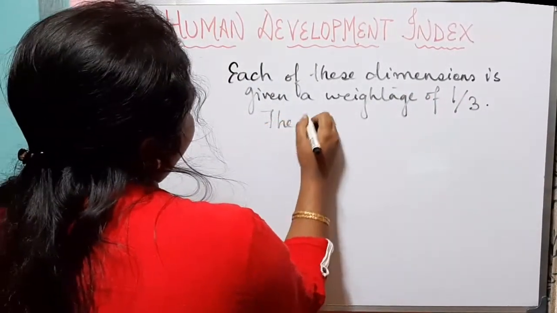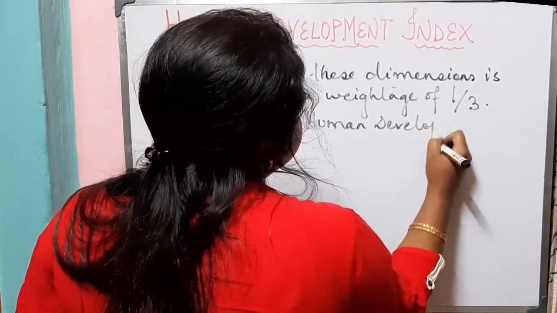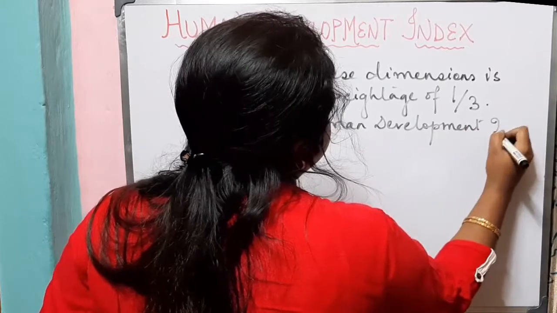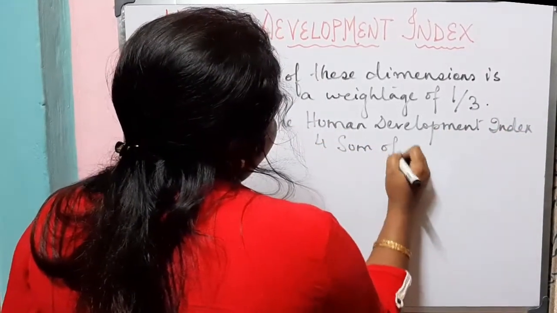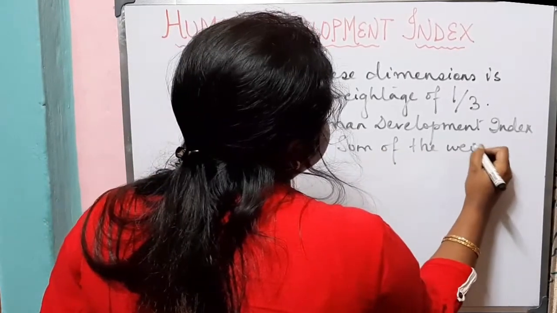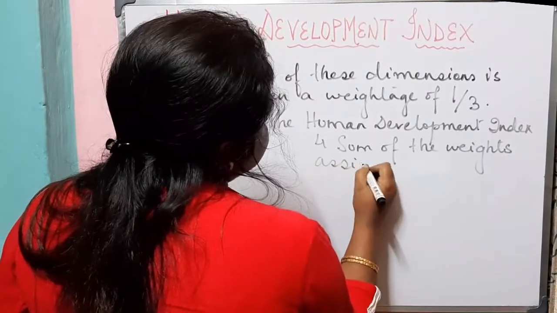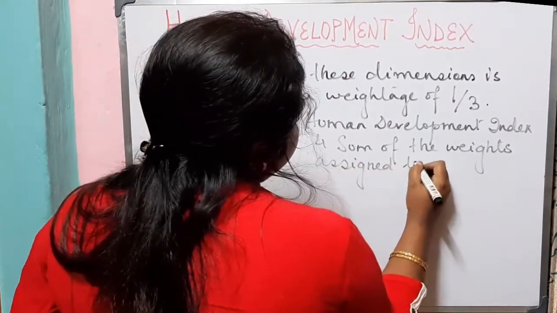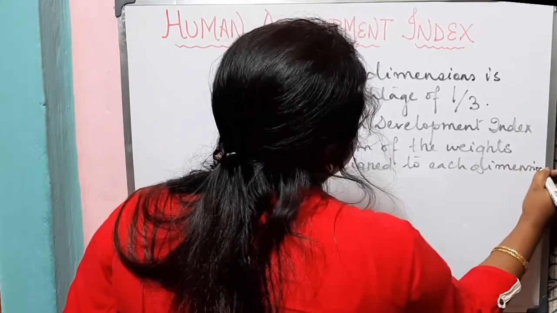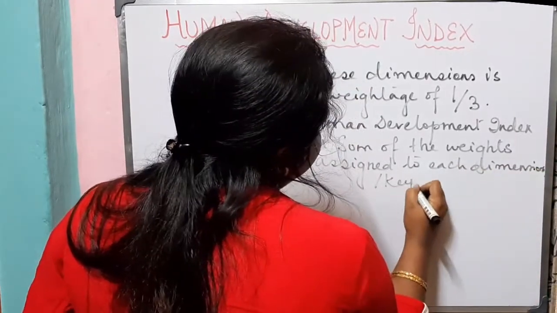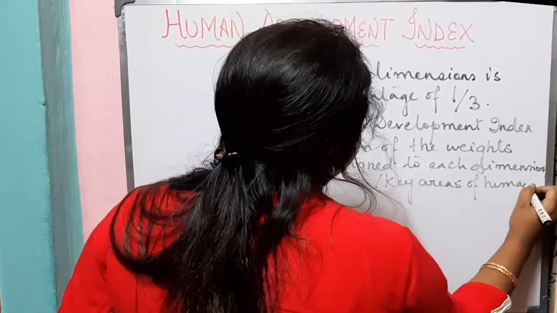So if we say what is the Human Development Index, it is the sum of the weightage, or the weights assigned to each dimension, or we can say the key areas of human development.